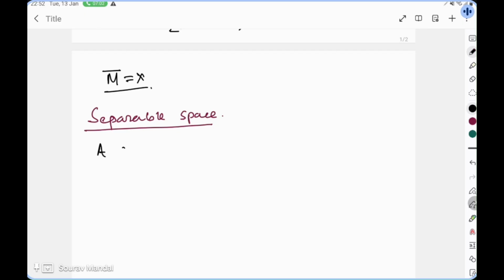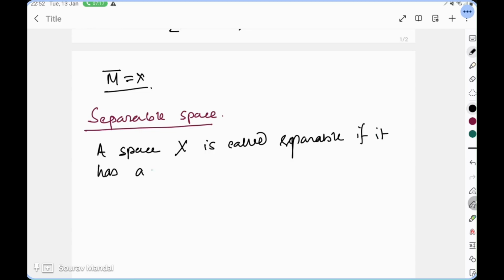A space X is called separable if it has a countable dense subset. Okay.